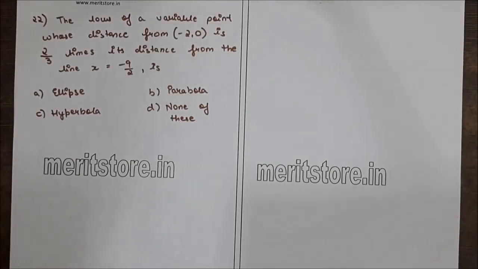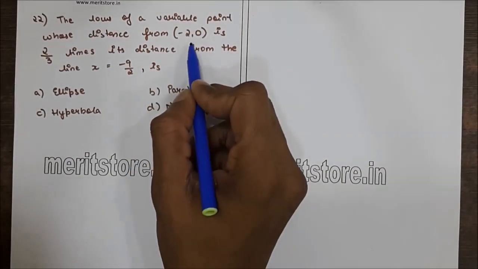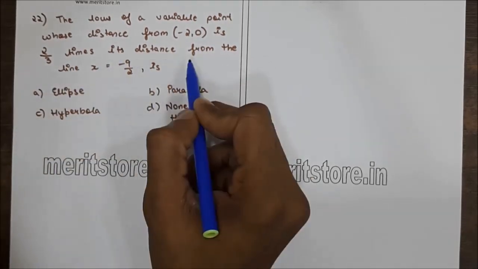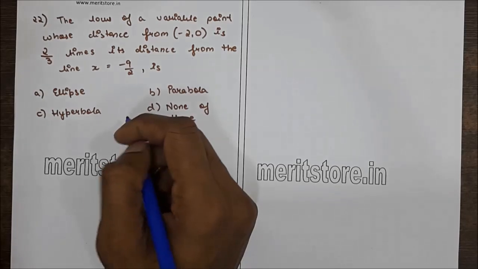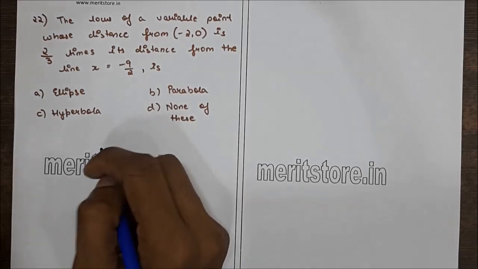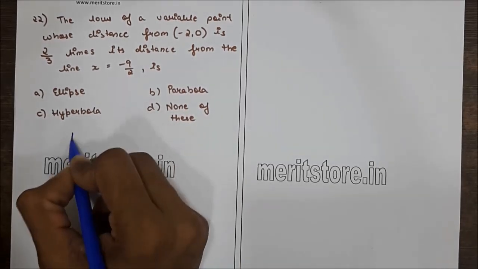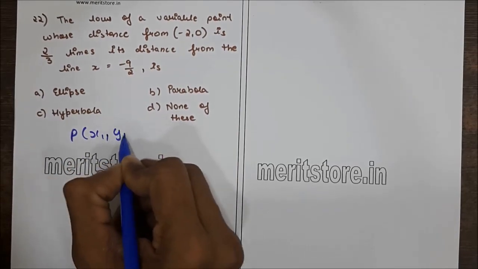Question 22. The locus of a variable point whose distance from (-2, 0) is 2/3 times its distance from the line x = -9/2. We have four options: A ellipse, B parabola, C hyperbola, and D none of these. Let the point be (x1, y1).